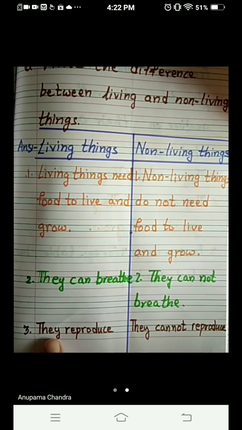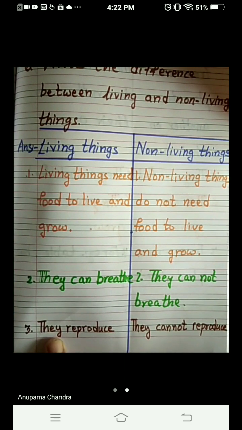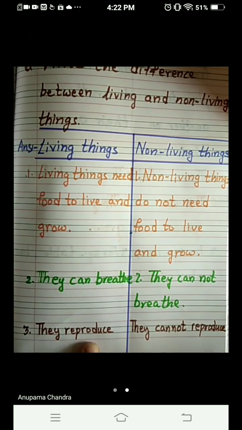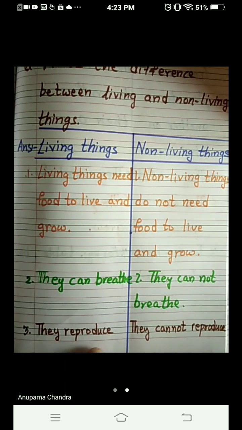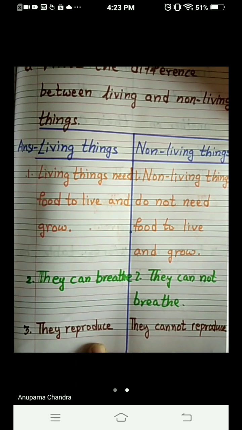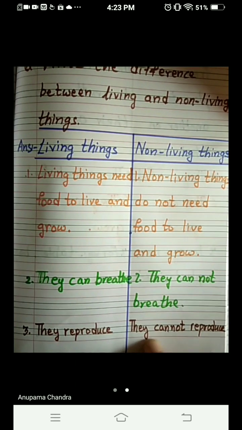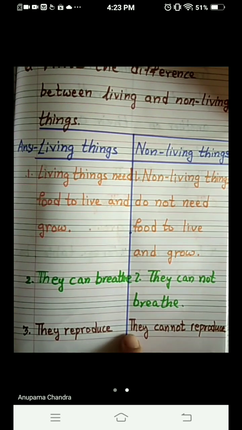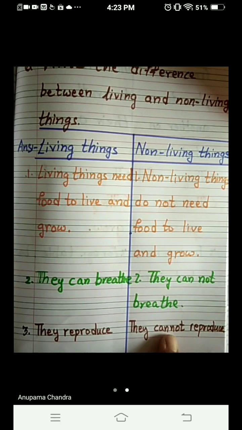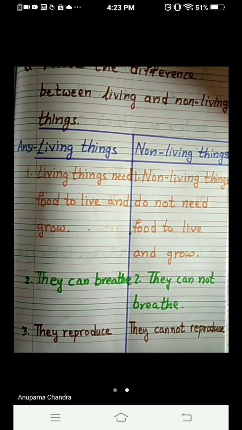Third one, for living things, repeat after me, children. They reproduce. Non-living things cannot reproduce.